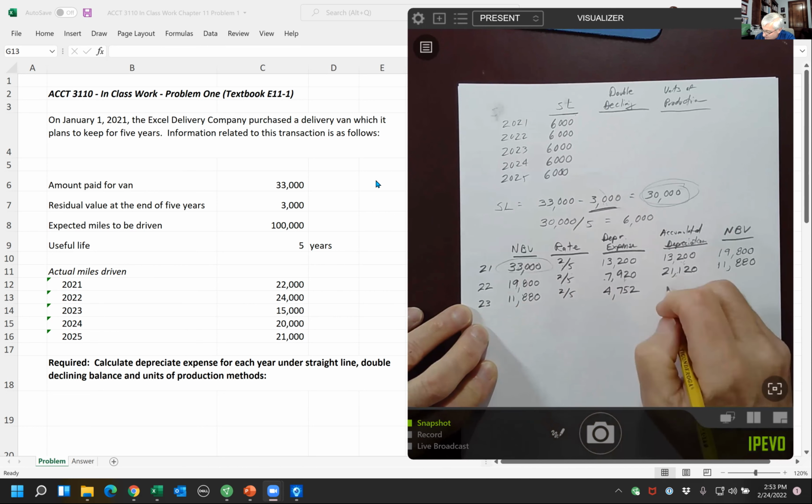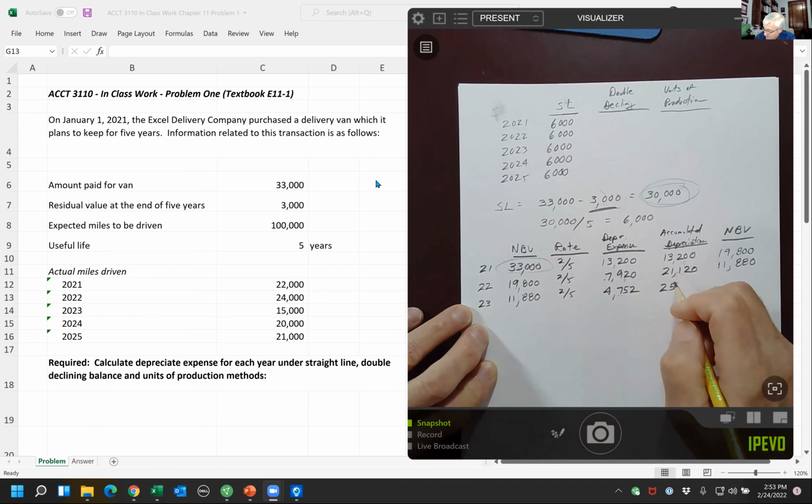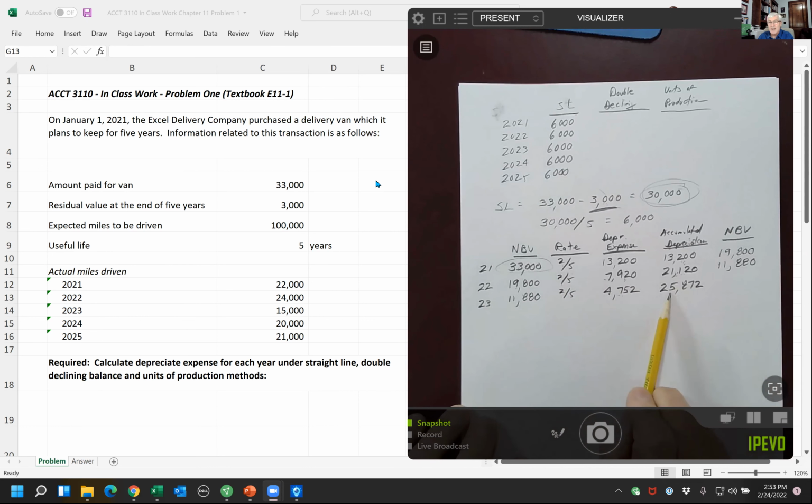Now we have a balance in here, 21,120 plus 4,752, 25,872. Now we're going to keep an eye on this because we cannot let this account go greater than 30,000.